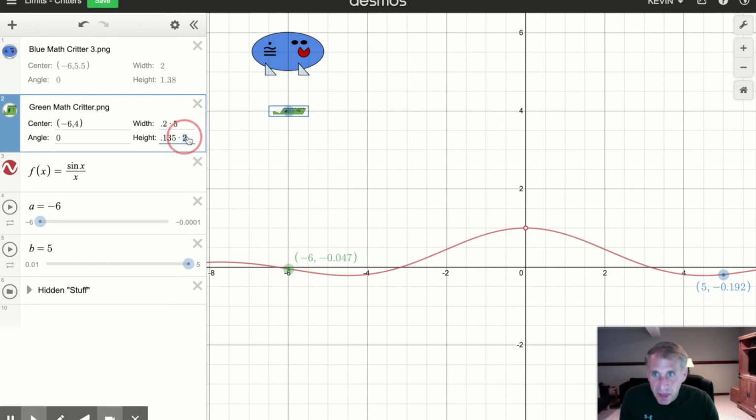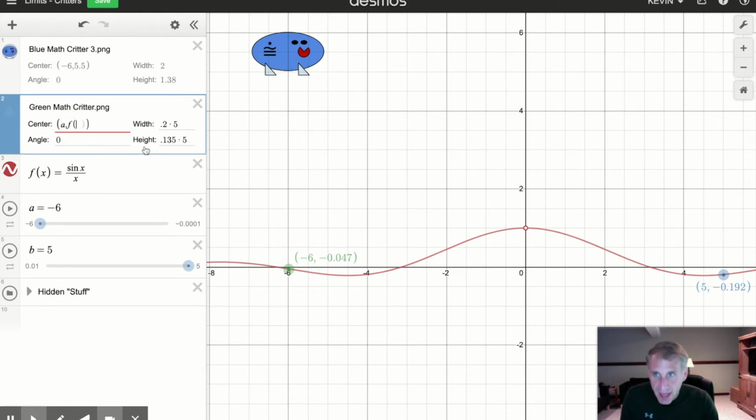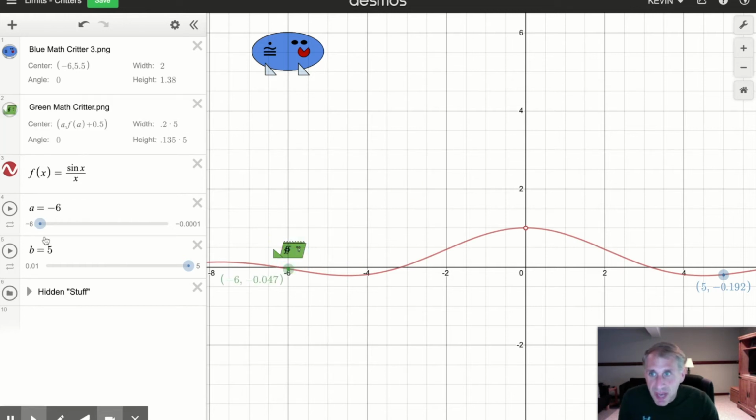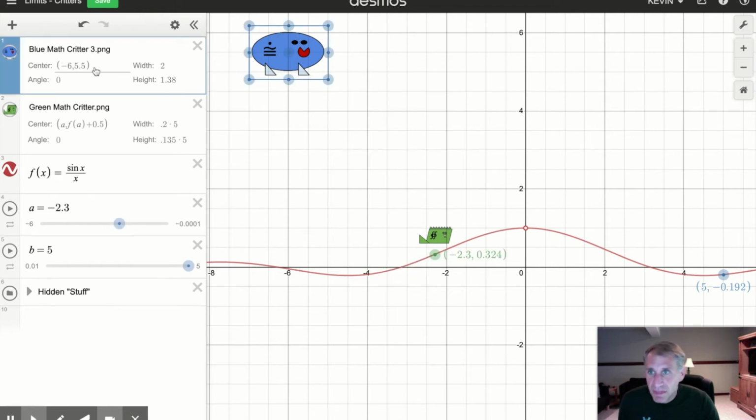Let's scale it up a little more here. And I'm going to have the center of this at f of a plus 0.5. Okay, so as I move my slider here, it's going to move my critter closer and closer to 0. I have this other one here, and I'm going to shrink this one down.